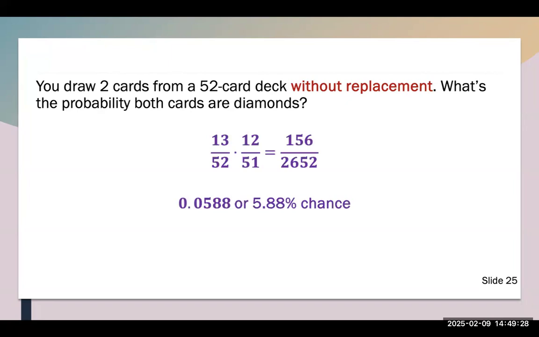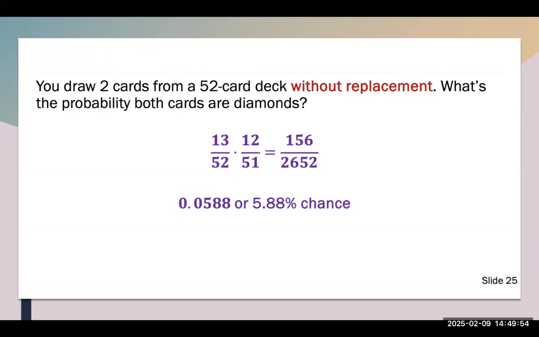So let's focus on the first one. The probability of A and B, we just focus on the first event. We had 52 cards, 13 of them are diamonds. That's the probability of getting that first one. And means multiplication. But I took a diamonds card and put it off to the side. Now, in this deck, there are 51 cards, and only 12 of them are diamonds.